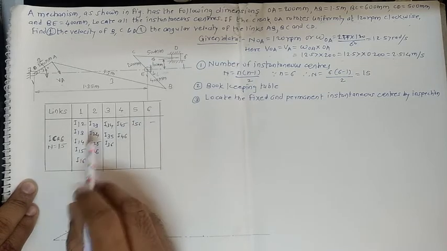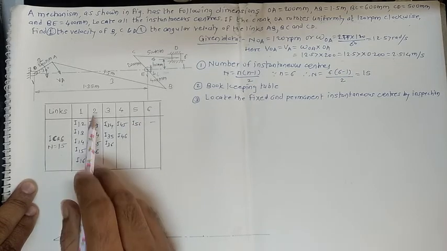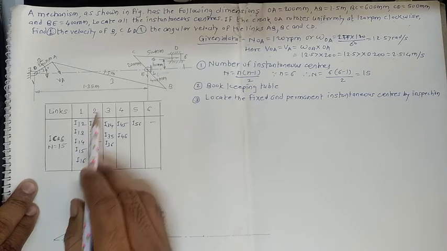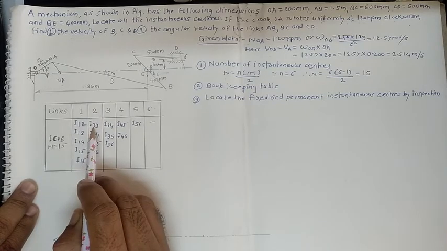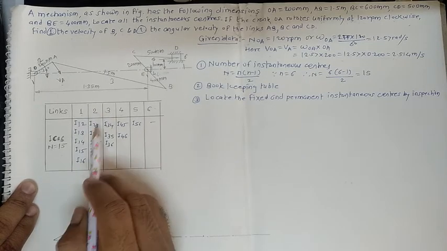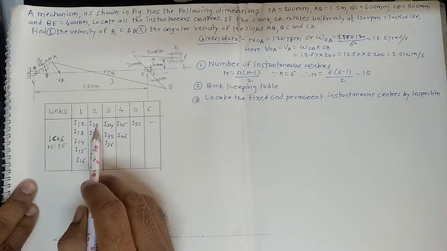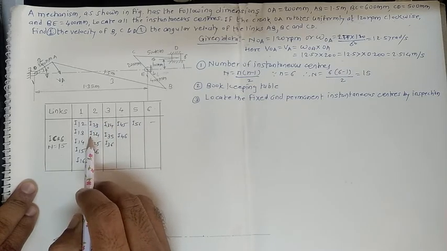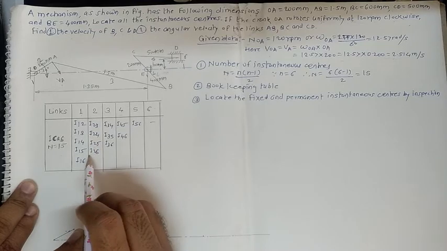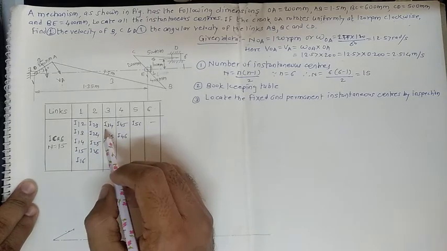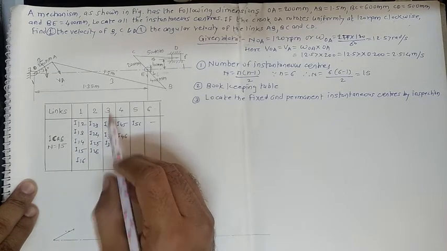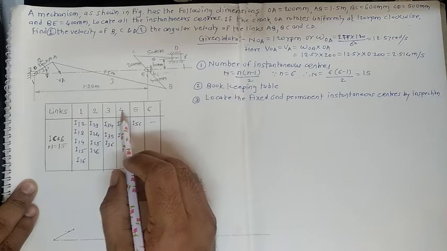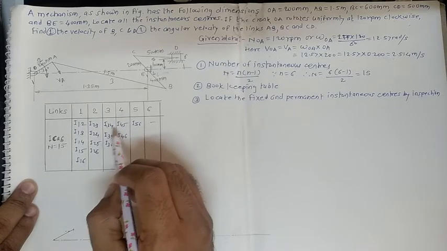Similar case with the next link. So I23, the same number should be given here first: I2, the number next to 2 is 3, so I23, then next one I24, I25, I26, in this way. What about the next one? I34, 3 should be written first, and after that 4 will come, so I34, I35, I36.